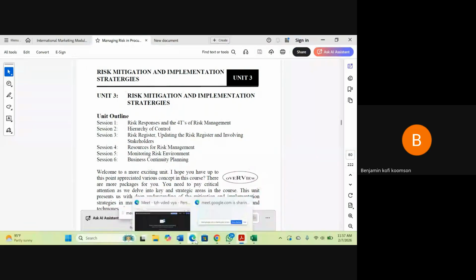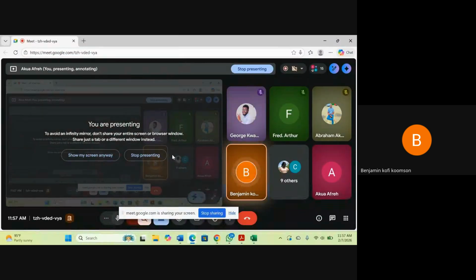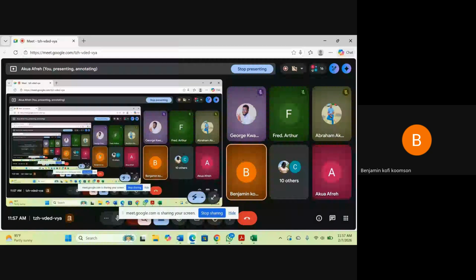Madam, please, last week we spoke about the risk management mix, which is the 4 T's, and you spoke about the transfer of risk, tolerate, threat, and terminate.